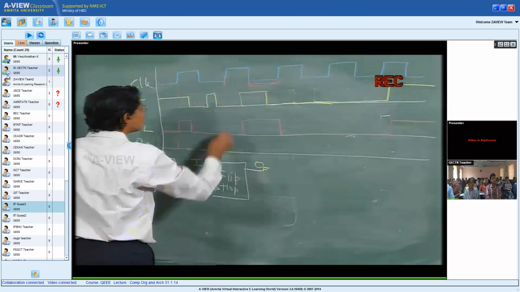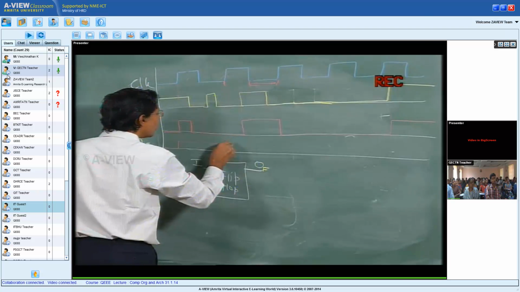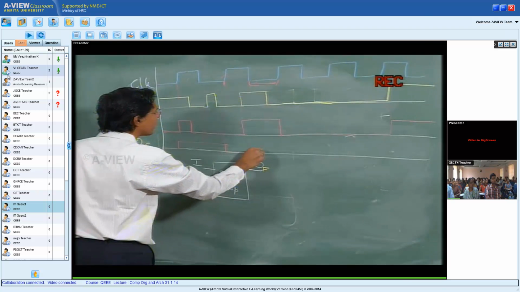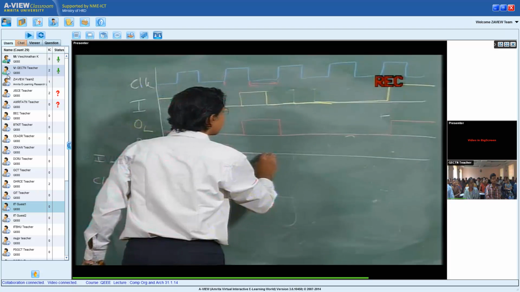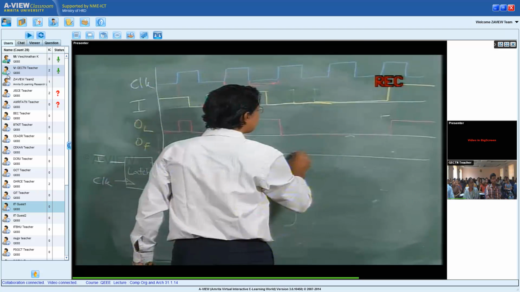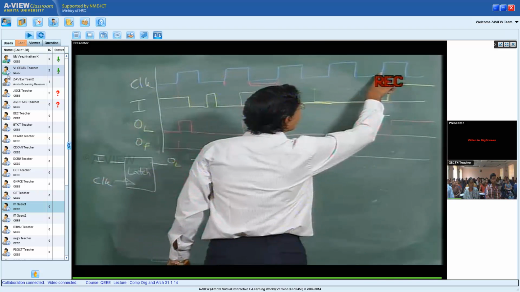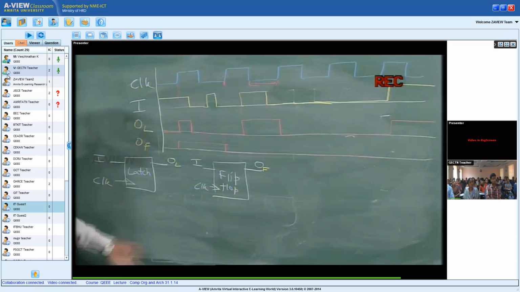And now when it comes to the next cycle, at this point the input became 0, so the output also becomes 0. Now at this point the input still retains at 0, the output is at 0. At this point the input is 0, this is 0. At this point still the input is 0. So this is how the flip-flop behaves.